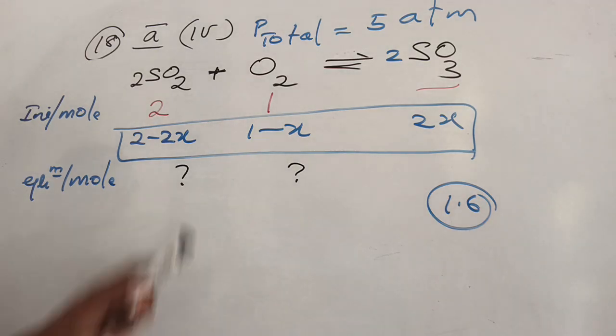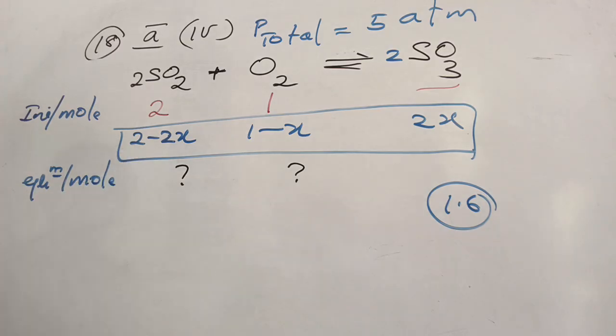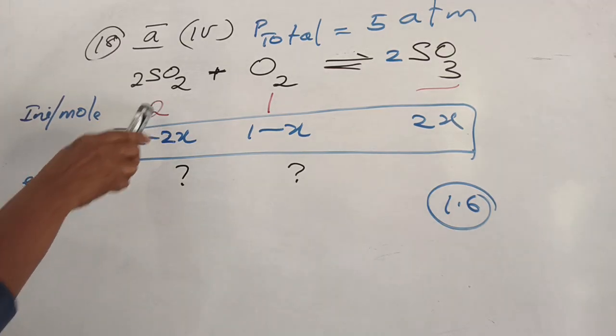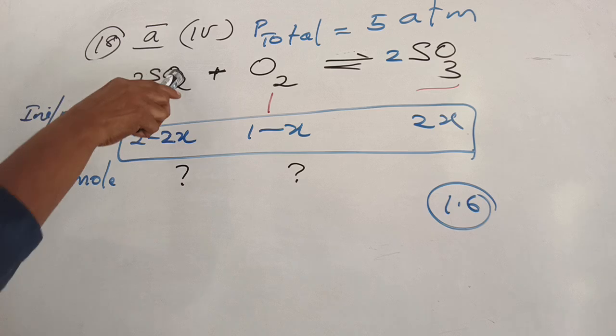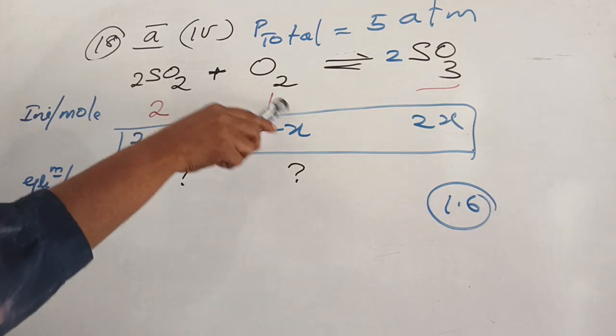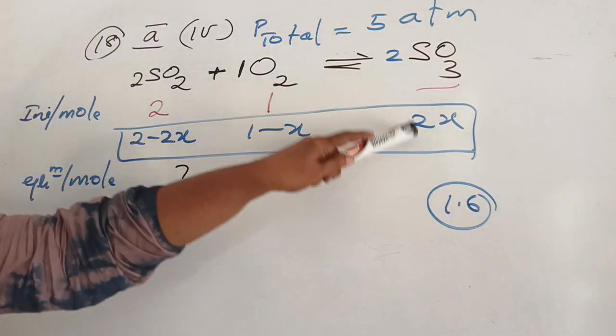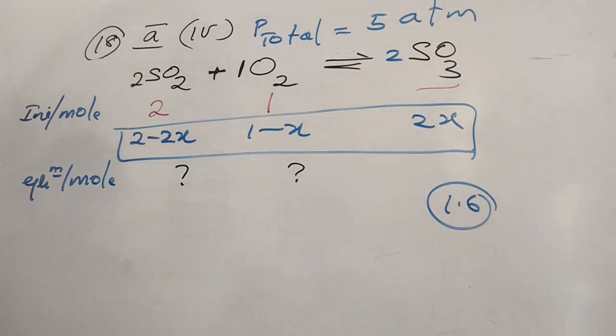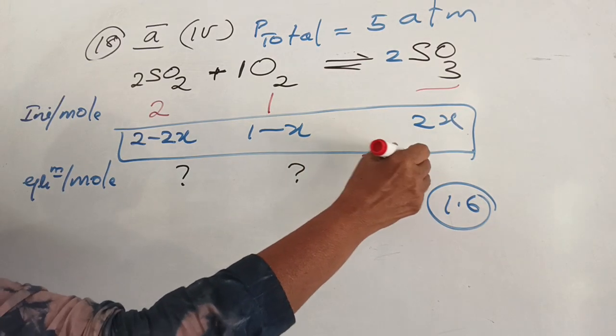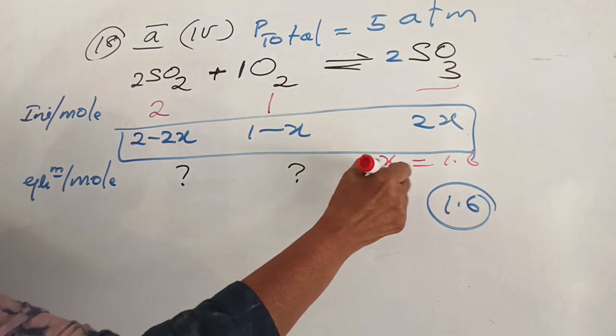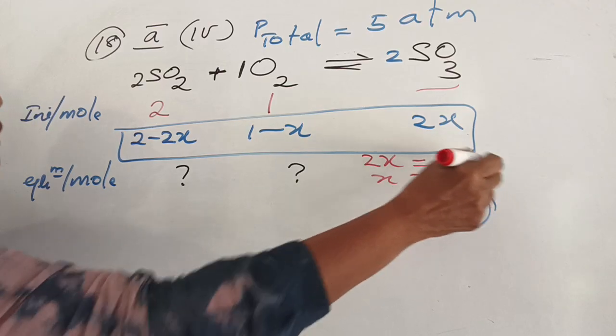So you can write down this statement, which would be helpful, because from the initial amount, twice the X is being used up. A certain amount X is reacted, but because two moles react per reaction, twice the X is reduced. So twice the X is 1.6, which means X should be equal to 0.8.